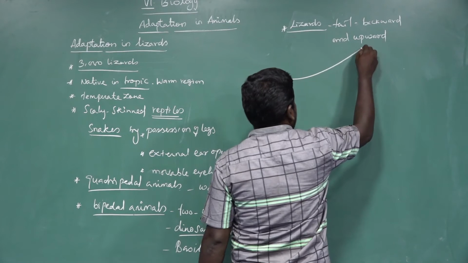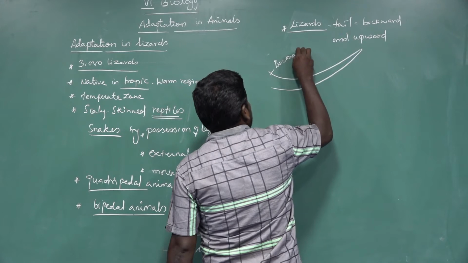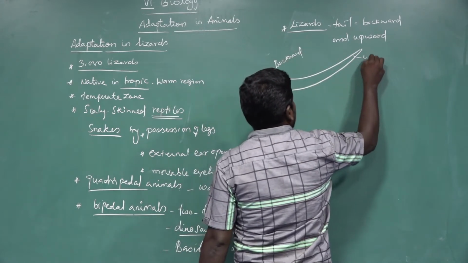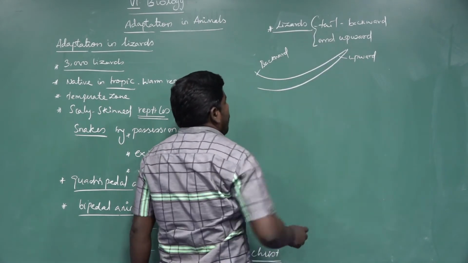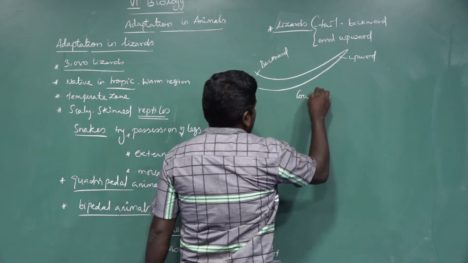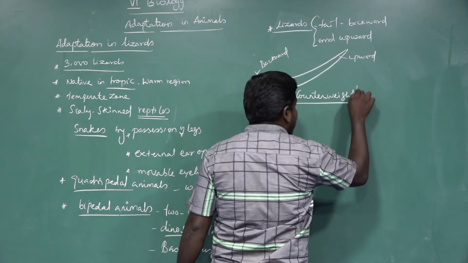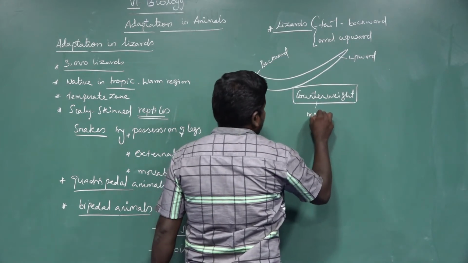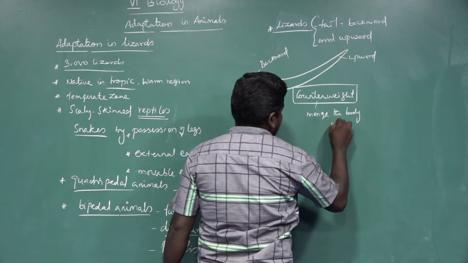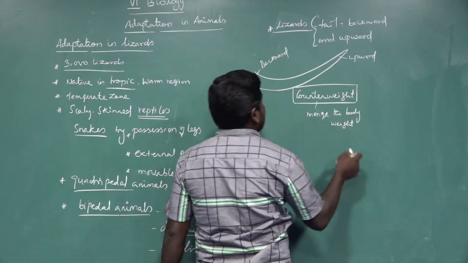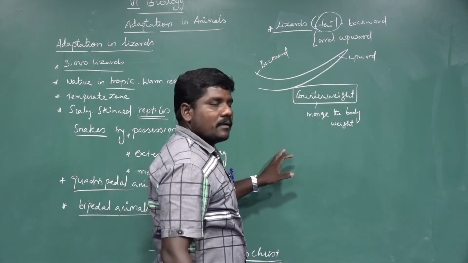This one is a backward movement, and this one is upward. The tail region acts as a counterweight. Counterweight means it manages the body weight. So that is the importance of the tail region in lizards.